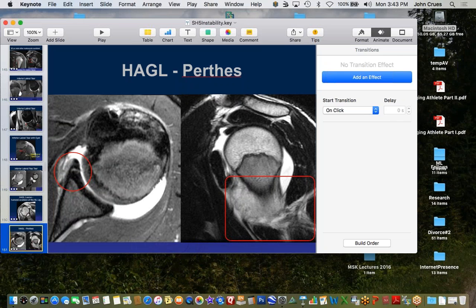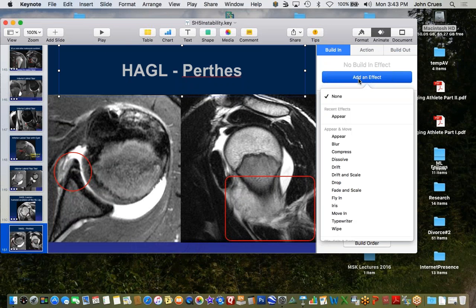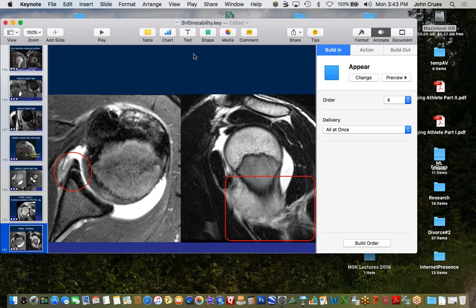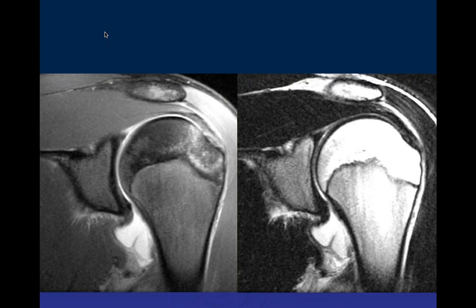So we got two coronal images. One on the left looks like a PD fat sat, and one on the right is just a T1, I'm guessing, of a skeletally immature patient. And we have, again, some edema at the insertion of the supraspinatus.